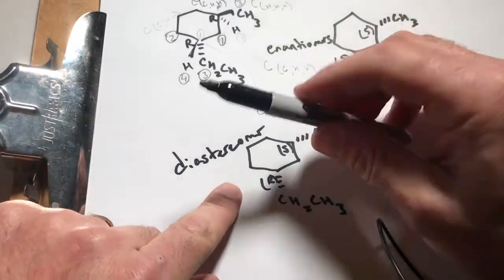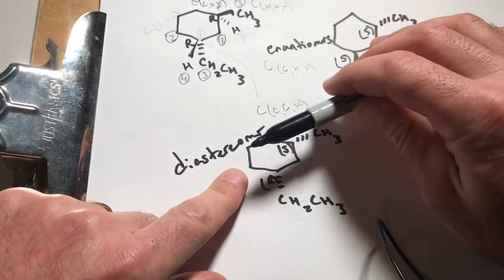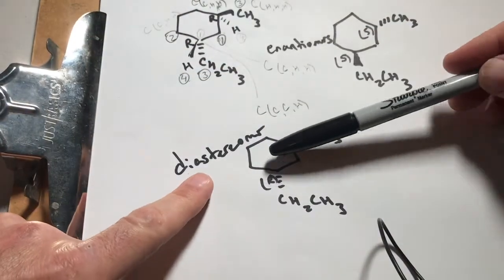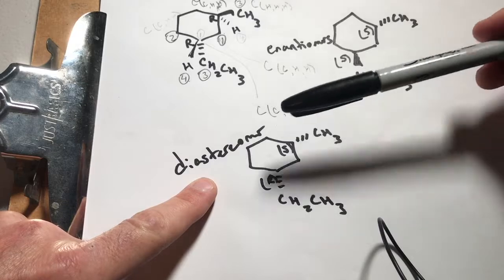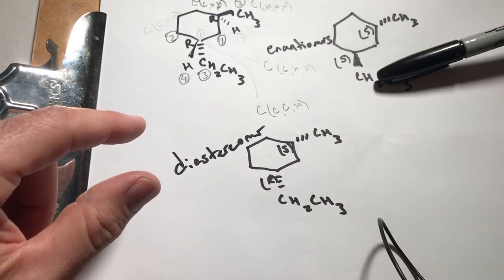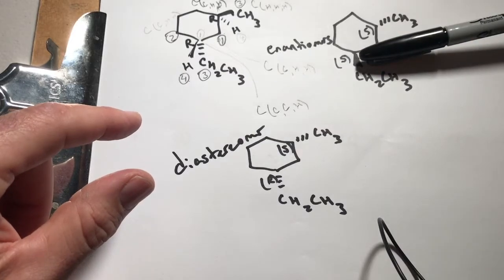And diastereomer is a trashy word, but we definitely know how to apply it. And what I mean by trashy is that in the scheme of stereochemistry, when you look at two things that are enantiomers of one another, that's a special relationship.